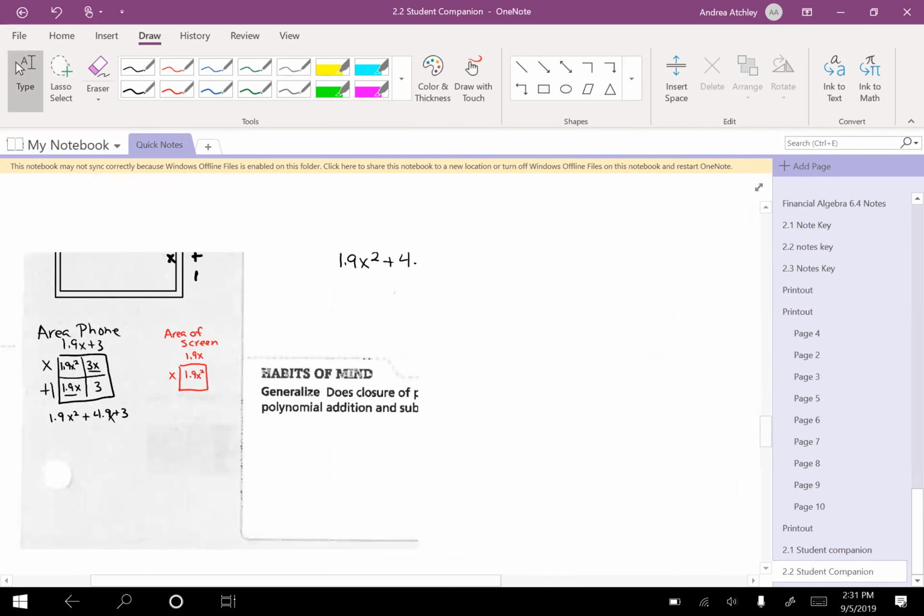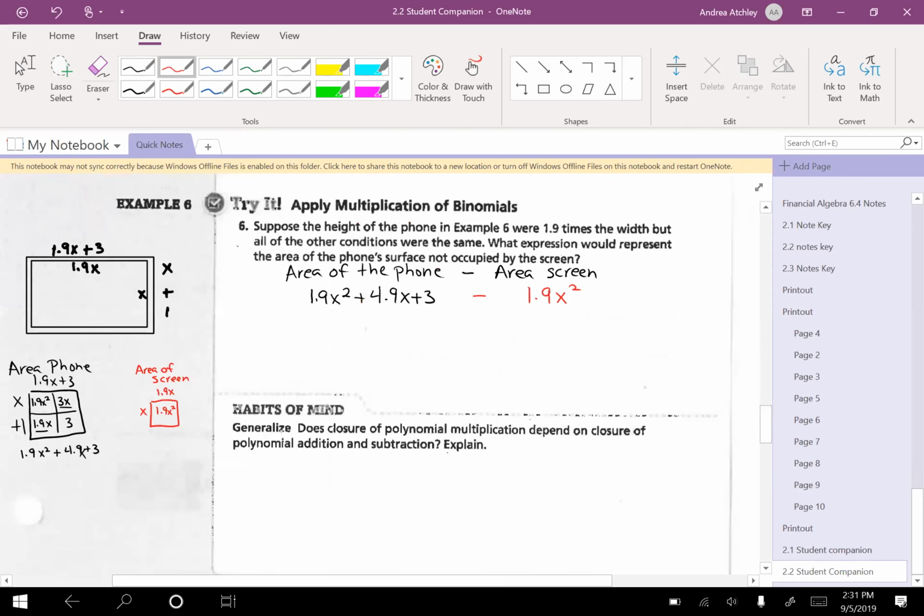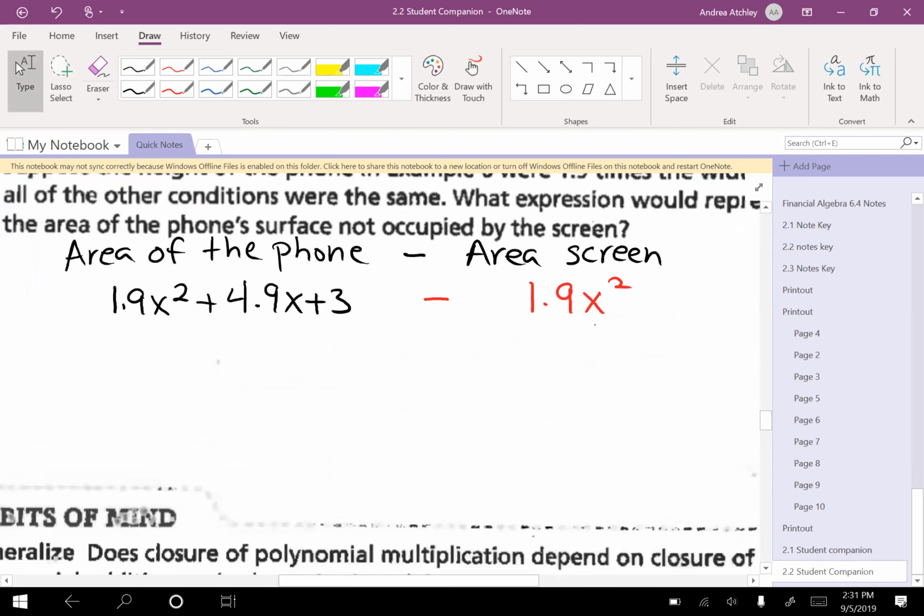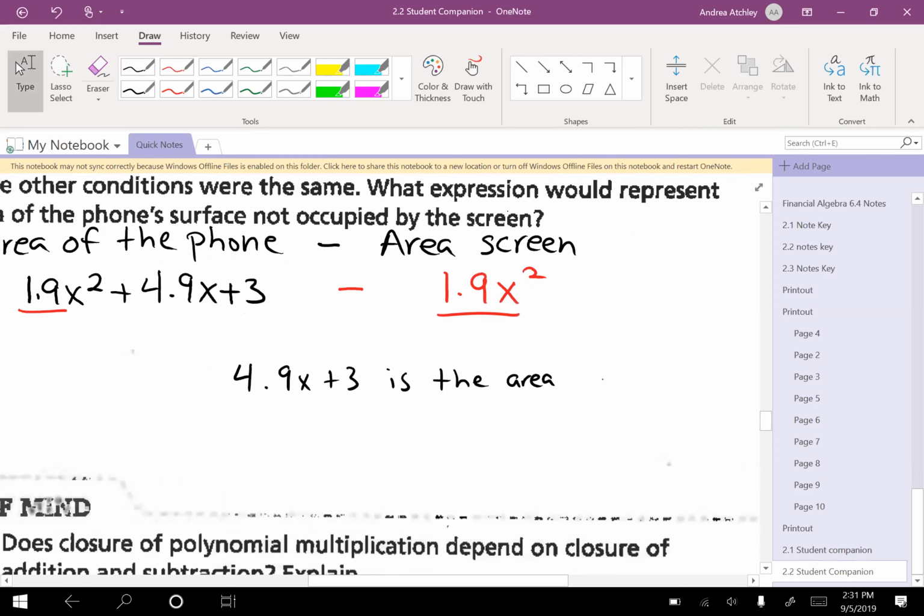Okay, so when we subtract those two, I just combine like terms. 1.9x squared minus 1.9x squared is 0. You have 4.9x plus 3 is the area that does not include the screen.